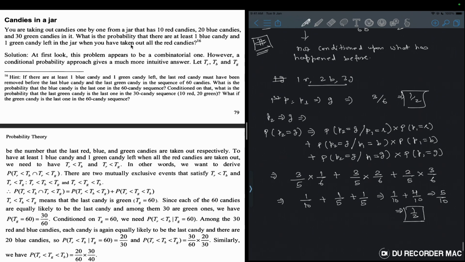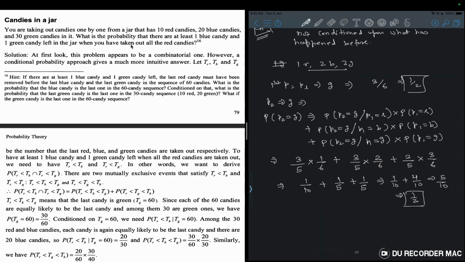So you see, if the information about the first position is not given and someone asks you what is the probability that position 2 is green, then you have to condition it on all the scenarios of the candy which can come into the first position, and it would simply give you the same answer as if I just took the number of green, 3 upon the total 6, half.